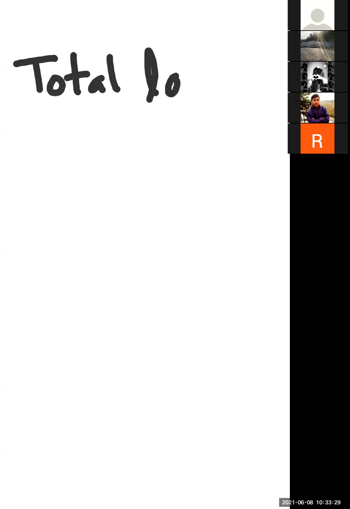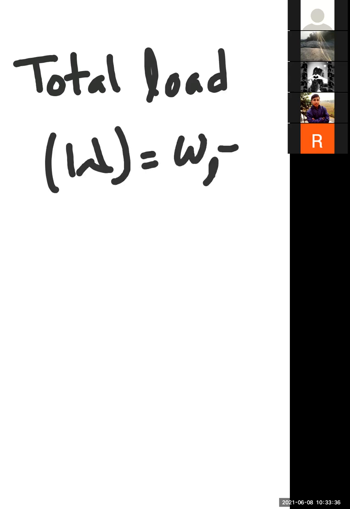Then the total load becomes W is equivalent to WL plus WD.